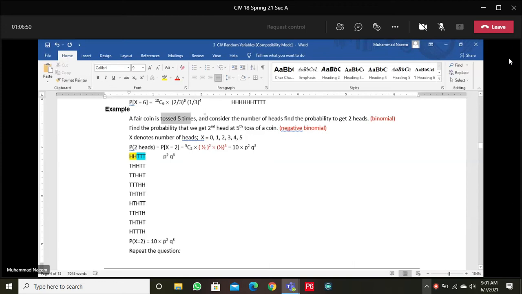In this case, the number of tosses is variable, but the successes are fixed. This is negative binomial. We need to achieve this fixed number of successes. Only 2 successes is our target in 5 tosses. We continue tossing until we get our last success.